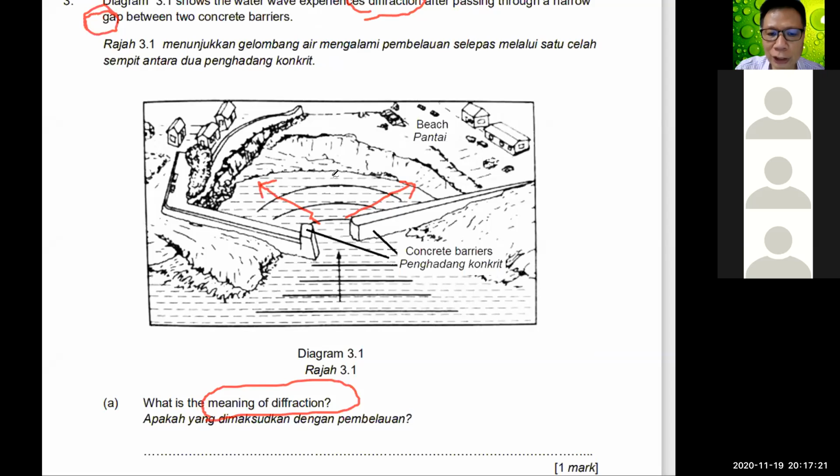The speed also never changes. So remember, lambda never changes, frequency never changes, speed never changes.